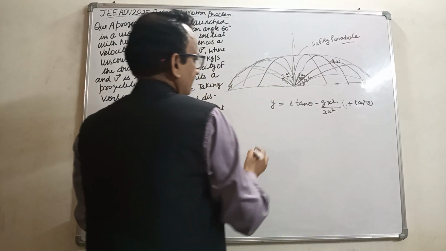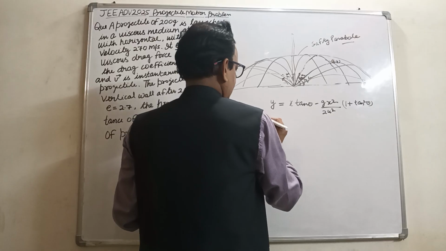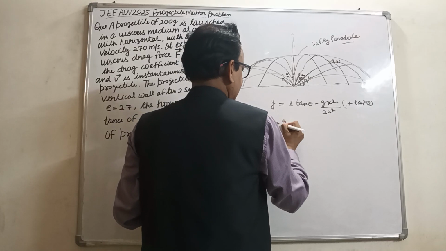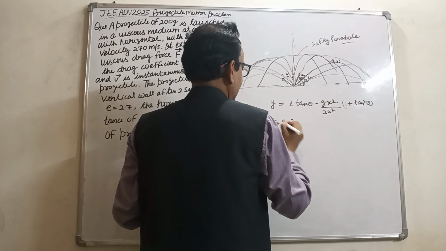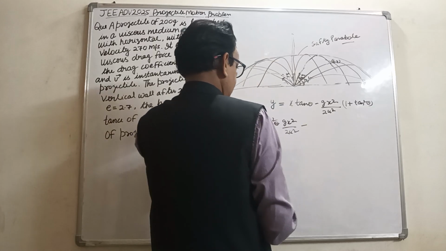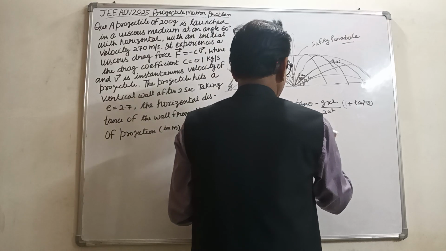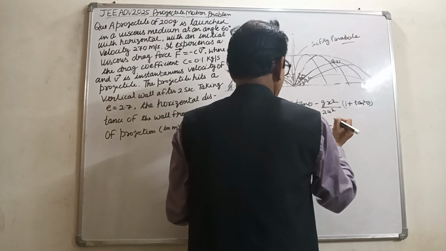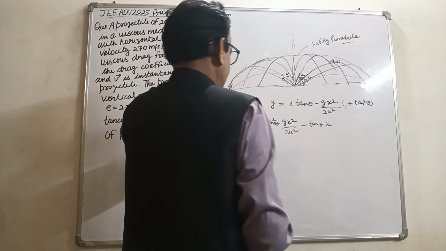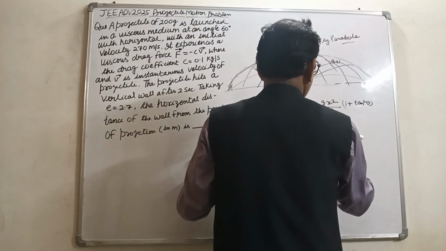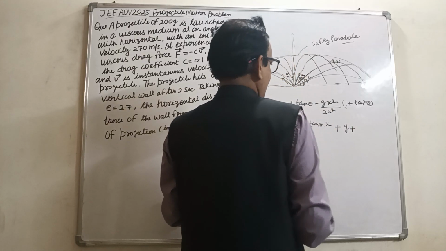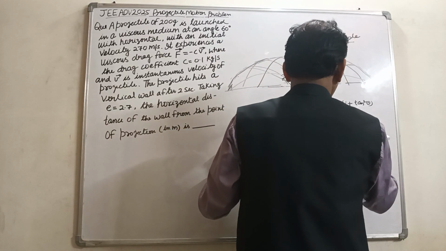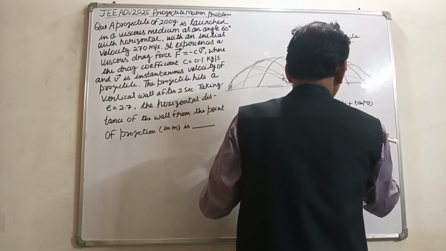So we get the quadratic in tan theta: g x square upon 2u square tan square theta minus x tan theta plus y plus g x square upon 2u square equal to 0.